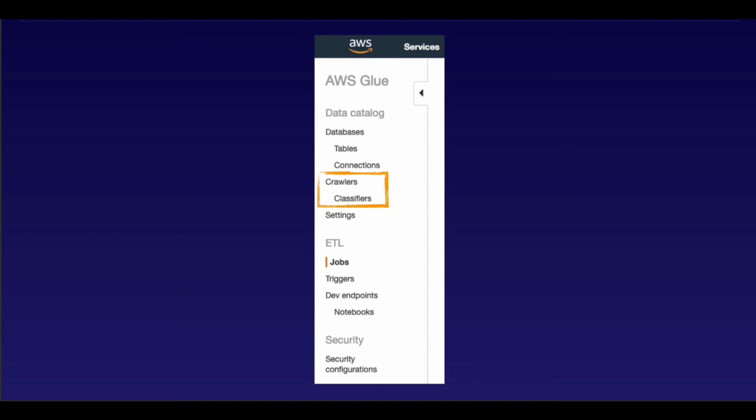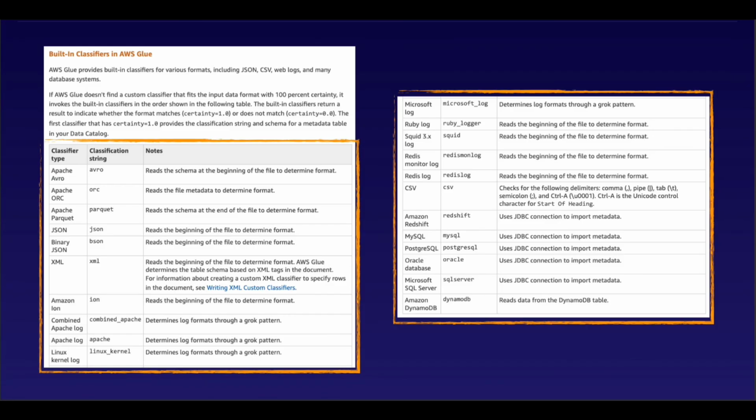Now, within these crawlers, there are several different classifiers that work in a hierarchy and go down the line to try to infer what type of data it is or what type of schema it is. So, even if you have some unstructured data or possibly schema-less data, the built-in classifiers that AWS Glue offers help us build a skeleton of some type of schema associated with our data.